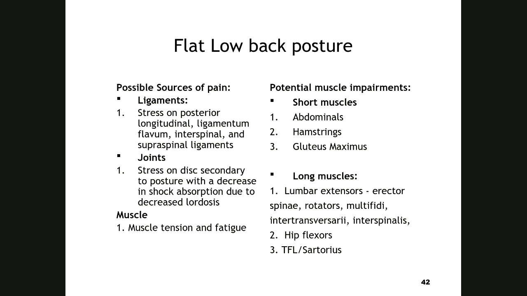The muscles that are going to be shortened are the abdominals, the hamstrings, and the gluteus maximus. And the muscles that are going to be lengthened are the lumbar extensors, including all those listed here. The hip flexors and the TFL and the sartorius may be lengthened as well.